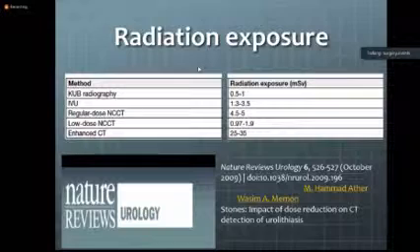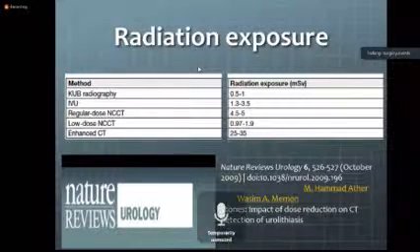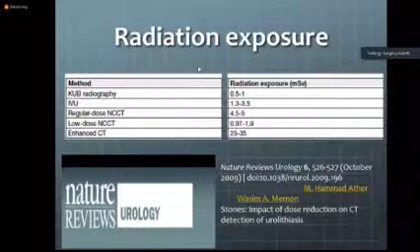But if you do a low dose CT, the radiation can come down significantly. It's a matter of how you do your settings of pitch and other parameters. You will be able to reduce the radiation significantly. Even 1 to 2 millisieverts is the exposure with a low dose CT.